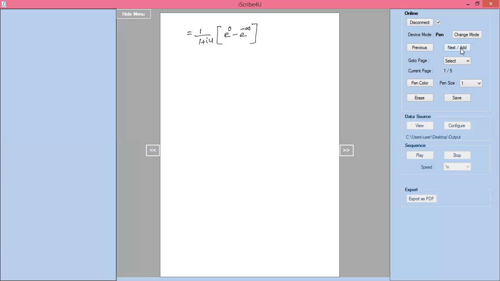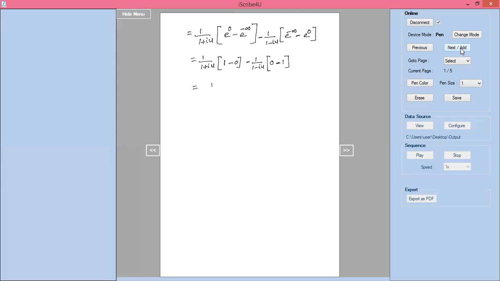Next one, similarly, minus of 1 divided by 1 minus iu. Applying the limits, you get e power minus infinity minus e power 0. Now I'll get 1 divided by 1 plus iu. E power 0 is 1. E power minus infinity is 0. Minus 1 divided by 1 minus iu. E power minus infinity is 0. E power 0 is 1.